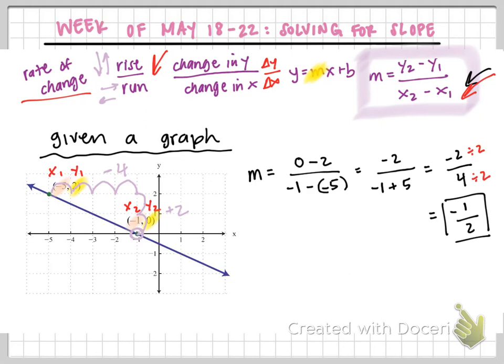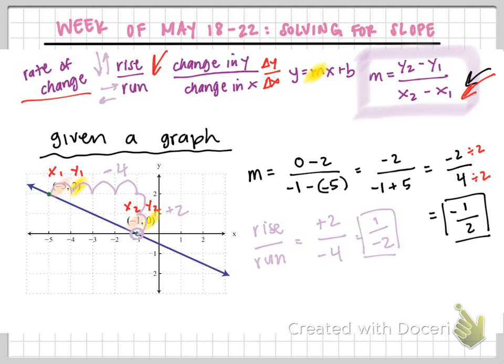So if I did rise over run, my answer would be positive 2 because I went up 2, over negative 4 because I went to the left 4. And if I simplify that, it'd be the same thing as my other answer. Negative 1 over 2 is the same thing as 1 over negative 2.